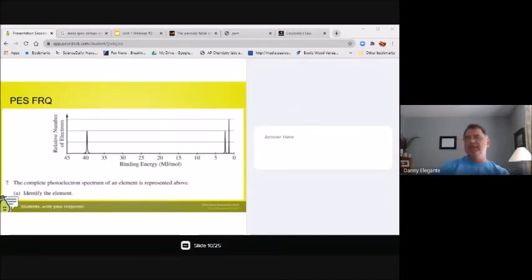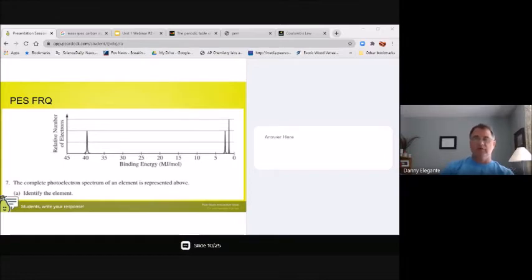So this is a PES actually from an FRQ, a free response question on the AP exam. So on Pear Deck, you should be able to try and figure out what this element is. Using what you've learned so far, go ahead and look at your periodic table and type in the symbol for the element.